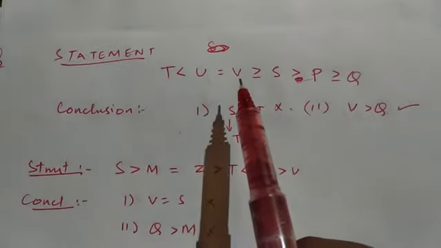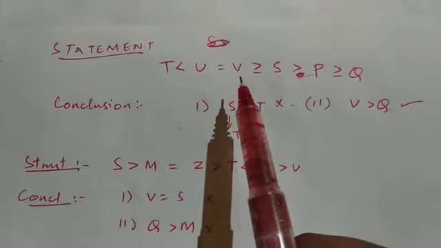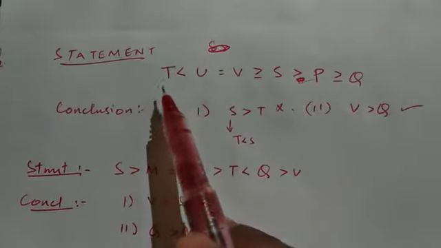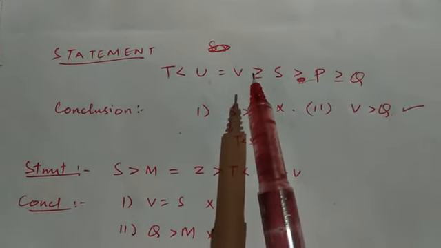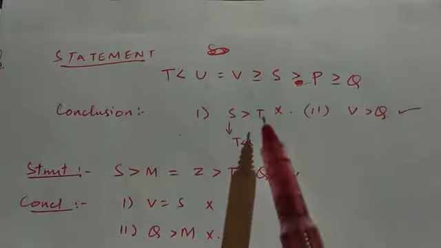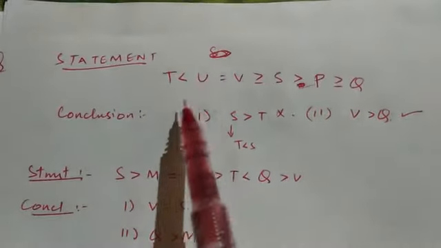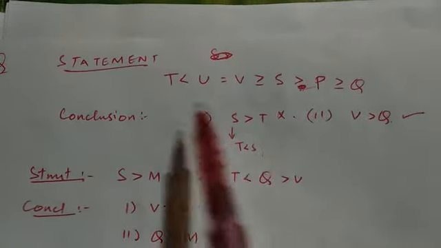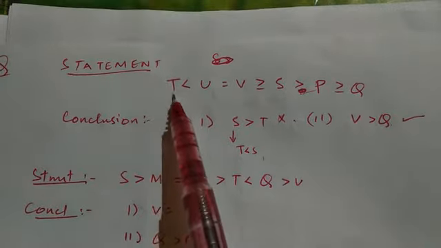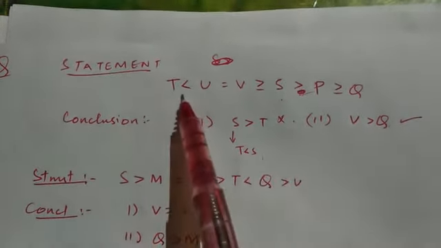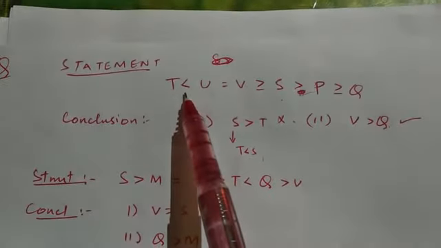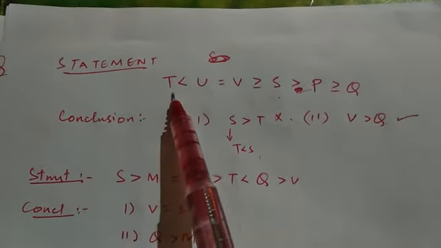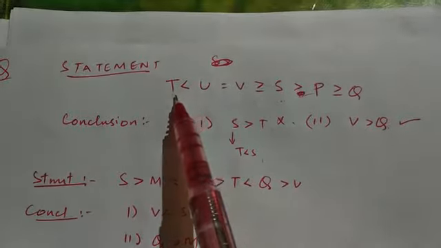If there is such a condition that some signs are from the first family and some signs are from the second family, in the conclusion we will simply cross it. That is, T is less than S means I am going from T to S.